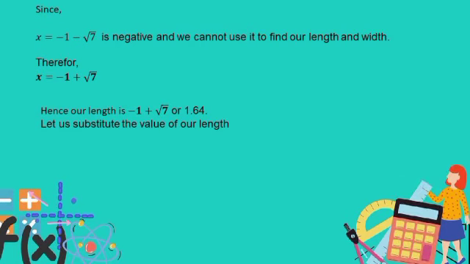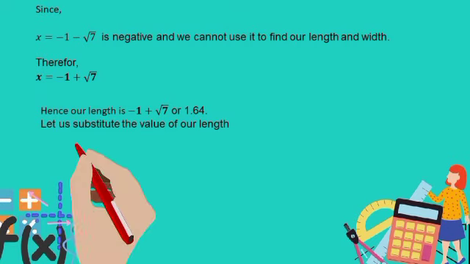Since x equal to negative 1 minus square root of 7 is negative, we cannot use it to find our length and width. Therefore, x equal to negative 1 plus square root of 7, or 1.64, is our length. So let us substitute the value of our length.